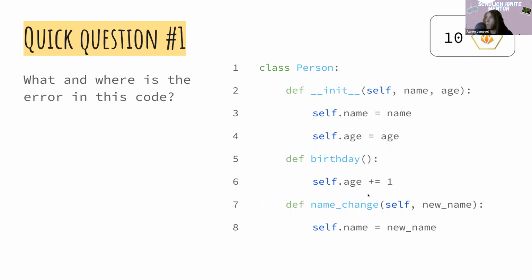So we're going to move on to this quick question. It's going to be a simple question. So what and where is the error in this code? There's an error here somewhere, right? So we're going to see if you can spot it. There's going to be a poll that shows up. So let's see.